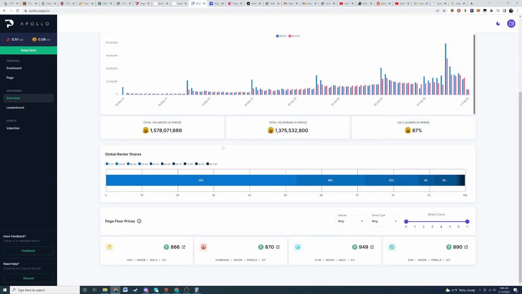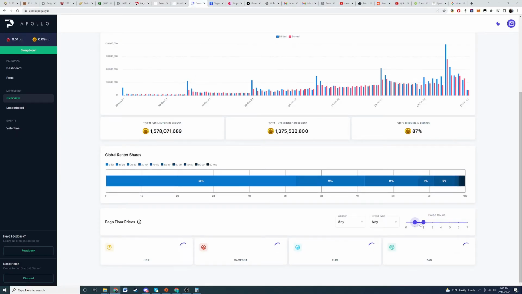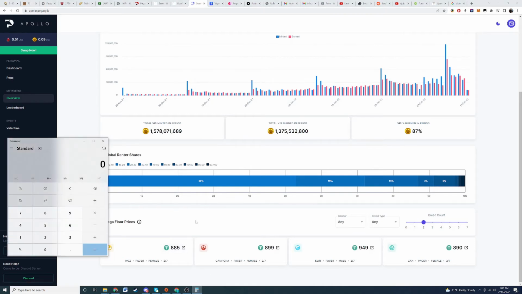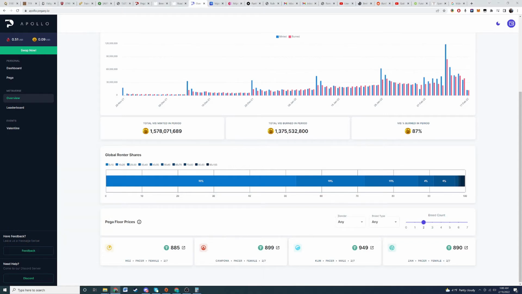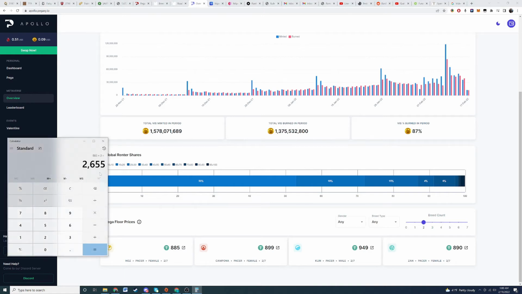So now we're going to go back to Apollo, and we're going to go to 2 breed count Haases, see what the lowest price on the market is. It's currently $885. So $885 times 3, $2,655 in 2 breed count Haases. So I'm up, well, I haven't recouped my investment of $3,200, but they really do most of it right there.